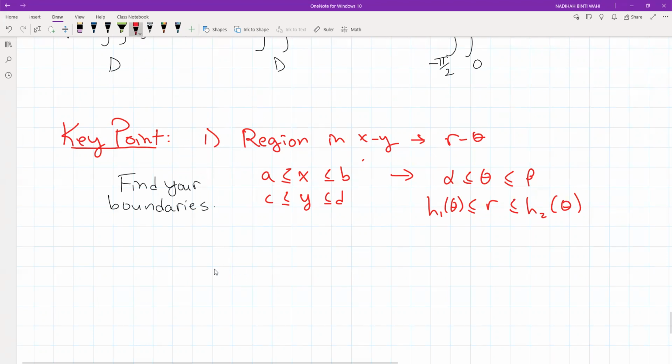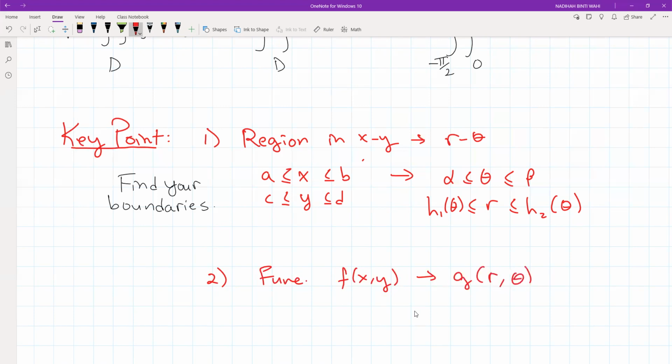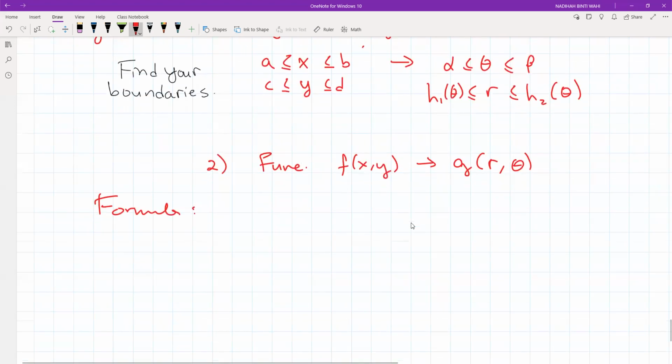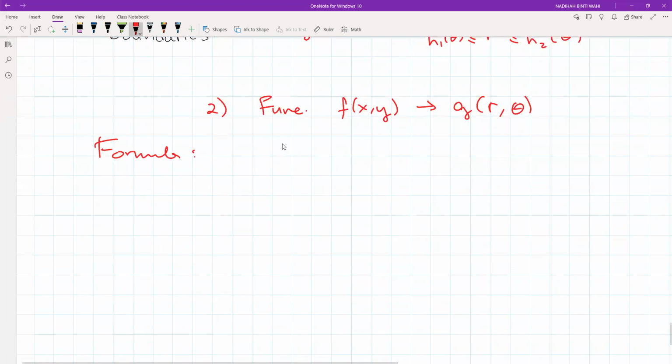Okay, dan yang kedua, the second part is the function f(x,y) to g(r, theta). Okay, yang ni tak ada masalah sebab the whole thing, 1 and 2 key formula is definition of how to change from x and y to r and theta.